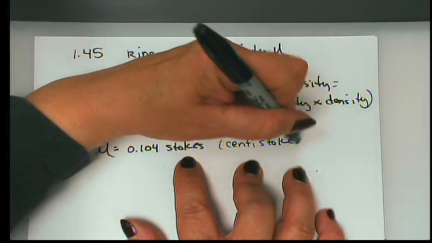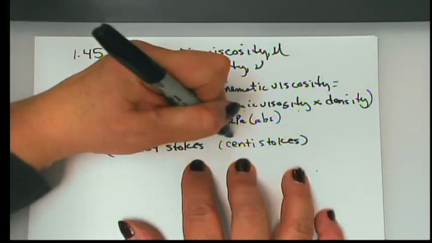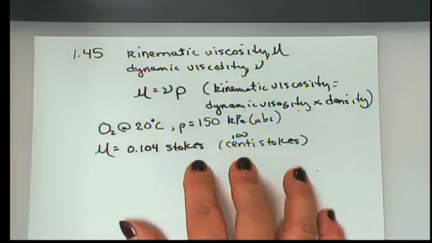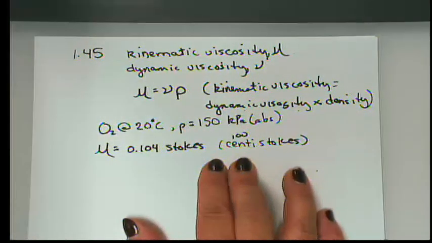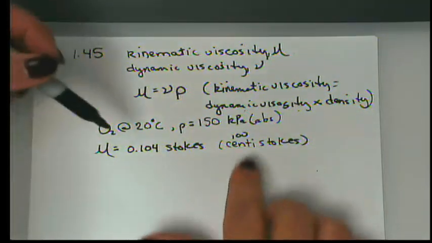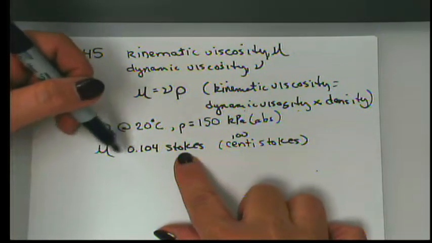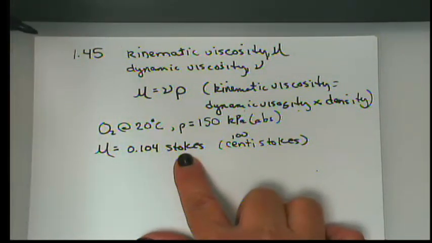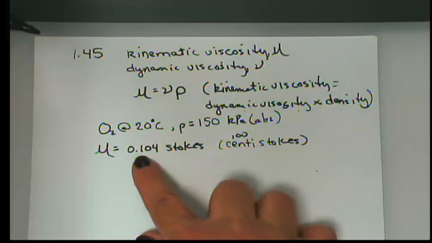So 1 Stoke is 100 centistokes. What that means is that, generally speaking, this unit is too large to work with.